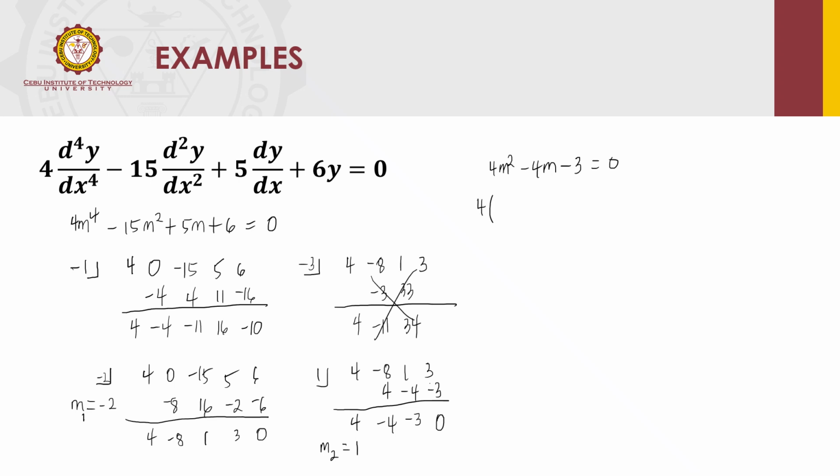So we can just do factoring. 4 is common for the first two terms, so it's m squared minus m. I prefer completing the square. If the first coefficient is 1, you simply divide the coefficient of the middle term by 2 and then square the result.